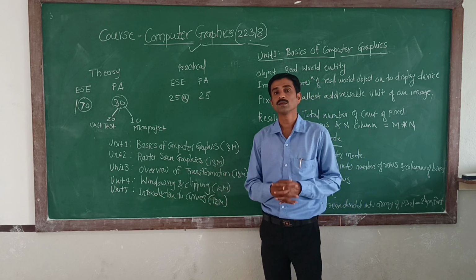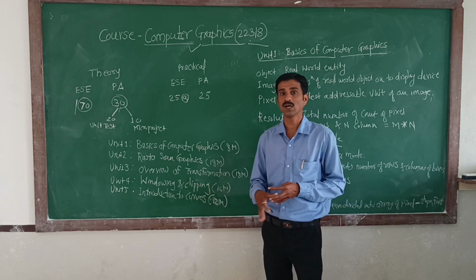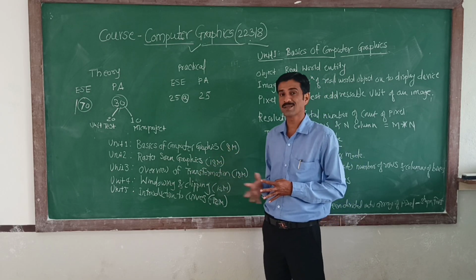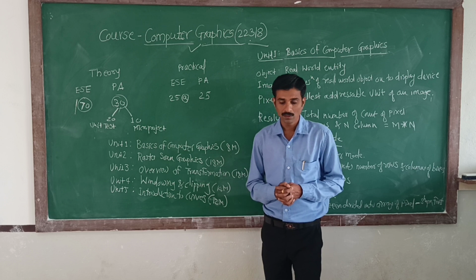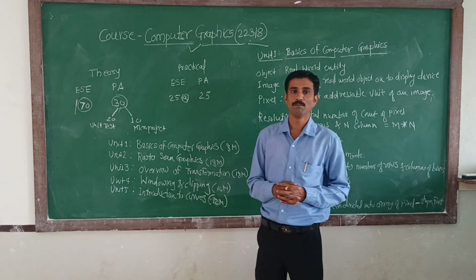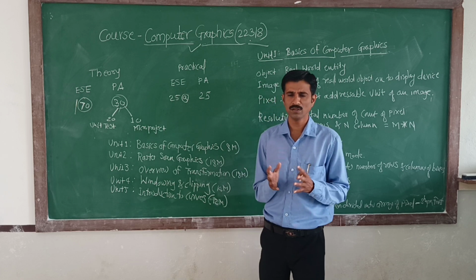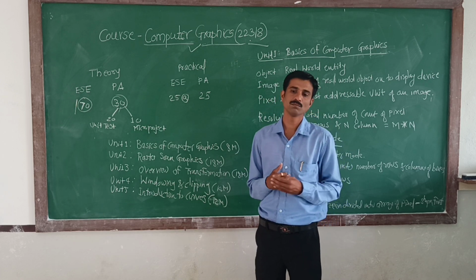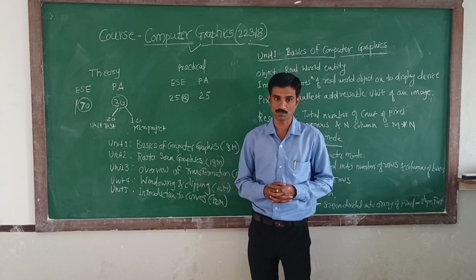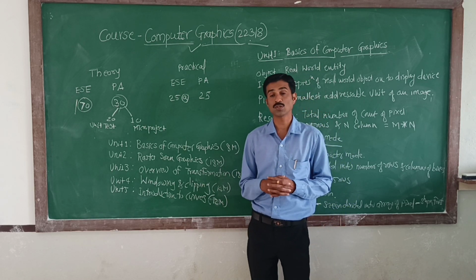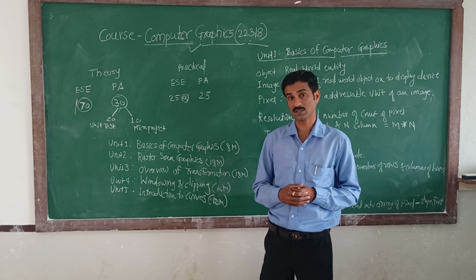So this is an overview of the subject computer graphics. In this graphics subject, in every topic we are studying the different algorithms, and using those algorithms we also see some examples.